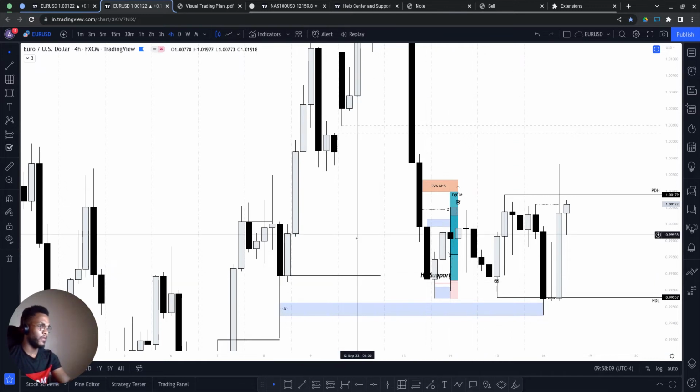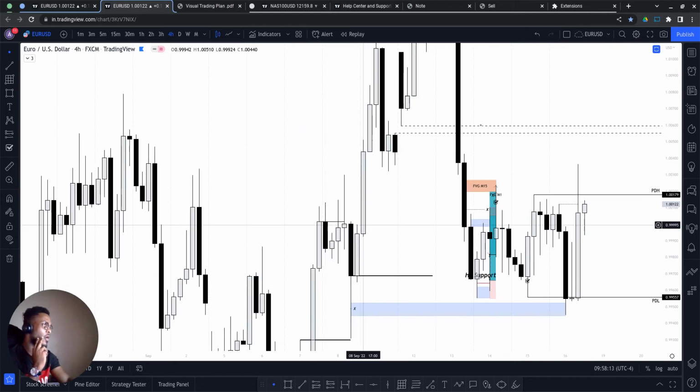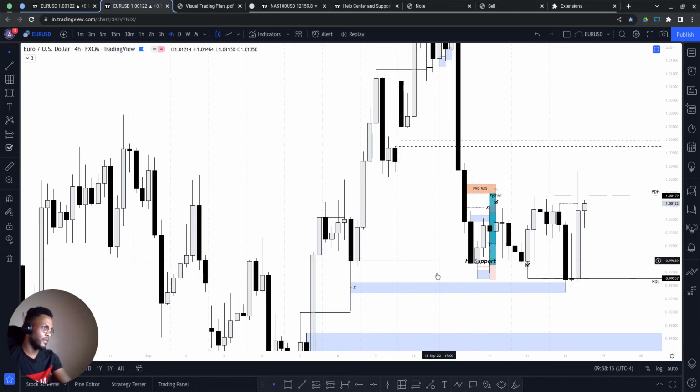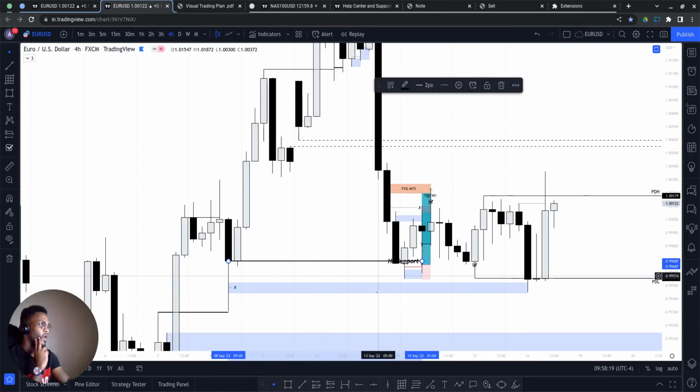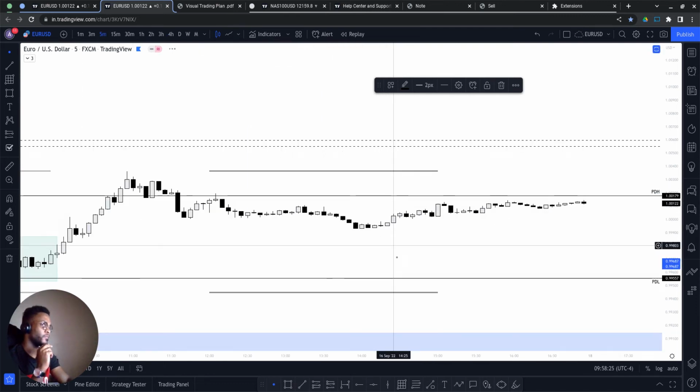So what do we have here? We have a bearish candle followed by a bullish candle and all that move up. What does this leave? A support. And this is what happened. Support, it tested, it came down.